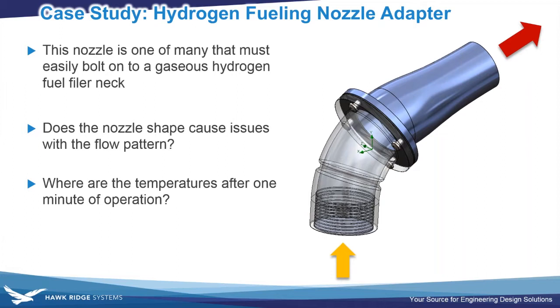And so I might want to answer, first of all, if I was on a design project like this, what kind of nozzle shape is ideal? What aspects of that nozzle shape might cause issues with the filling pattern in the flow of the hydrogen gas? And if I'm using this fueling nozzle for, let's say, a minute to fuel up a vehicle or refuel a tank, what are the temperatures going to look like?